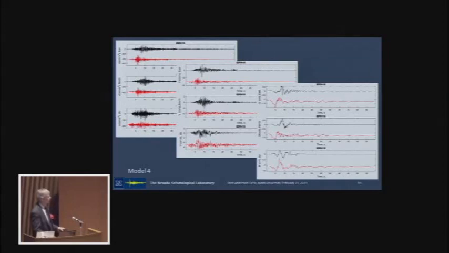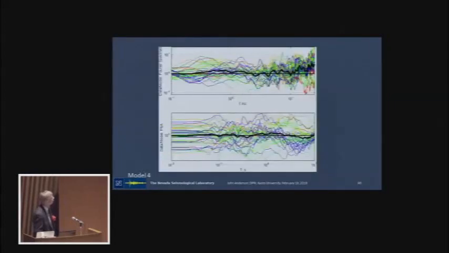You can see that at least some of the time the seismograms can look realistic. This is showing the residuals. If we take the synthetics as our model, and then find the ratio of the data over the model in the spectral domain, each line here is the residual for one of the 40 stations that we're using to study this, and the black line is the average of those.